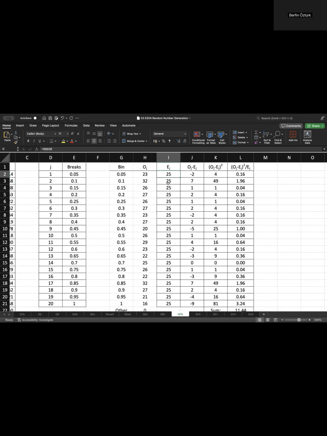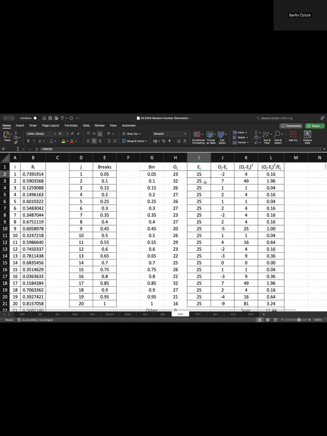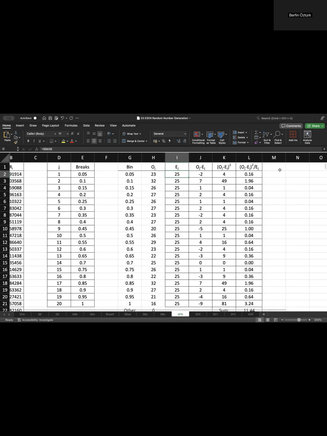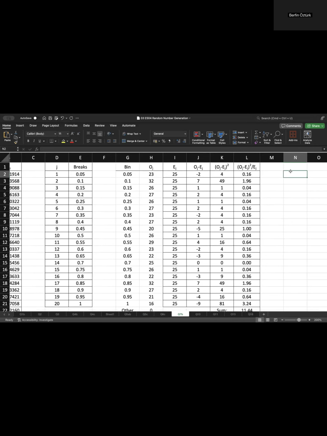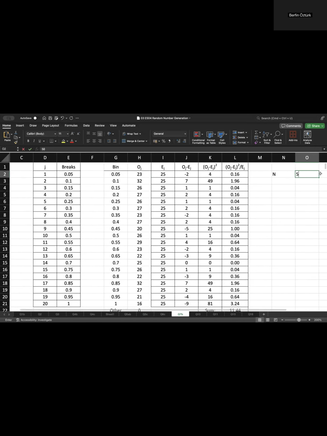This is my expectation. So this expectation is just like we did in sub-question A. It is found by, my capital N is 500, n is 20, right? So it is 25. The expected number of observations is 25, but the realized is in this column.